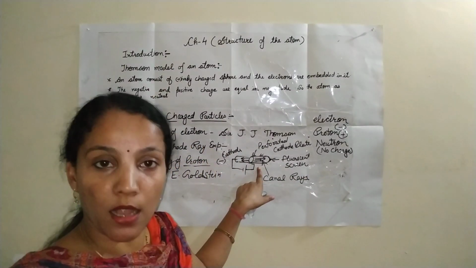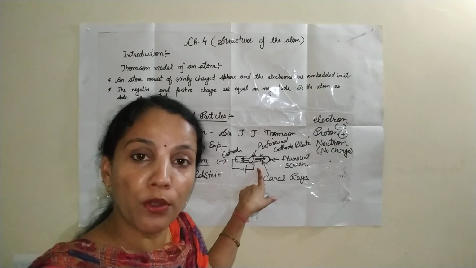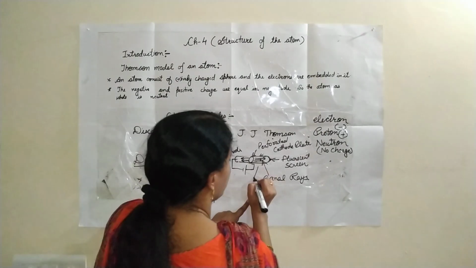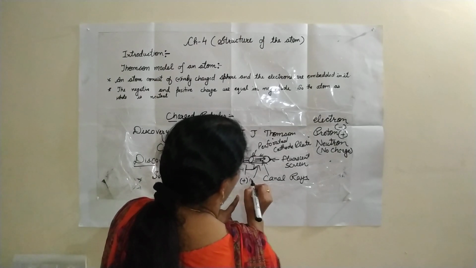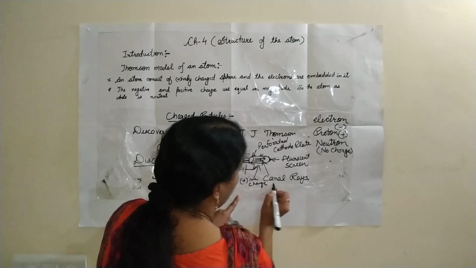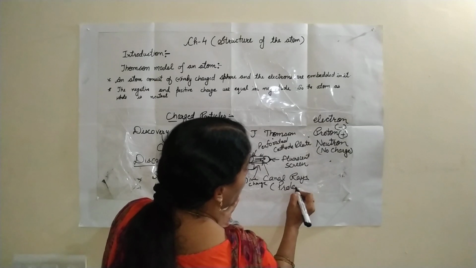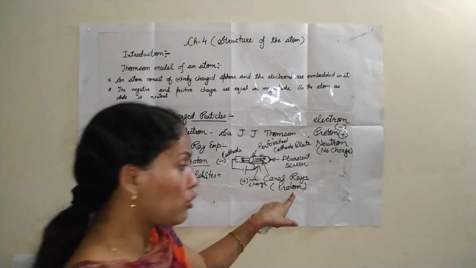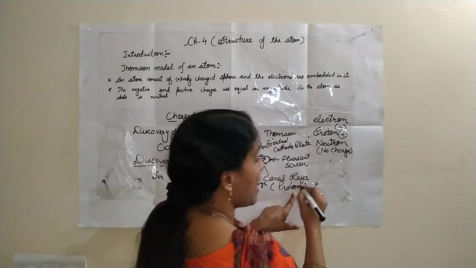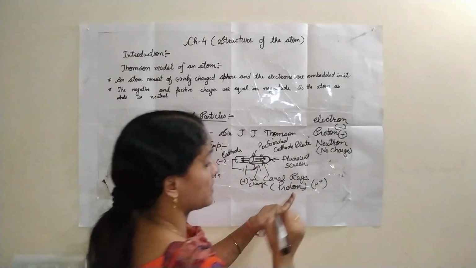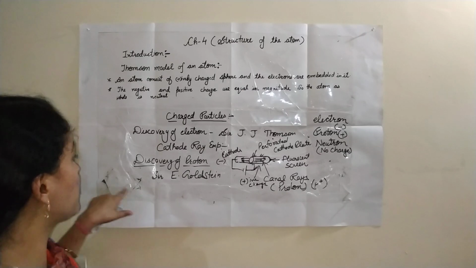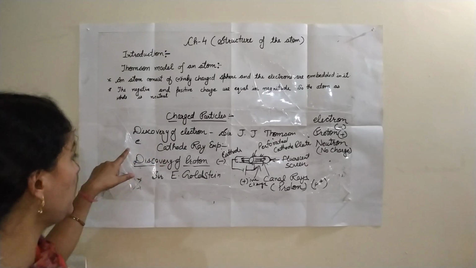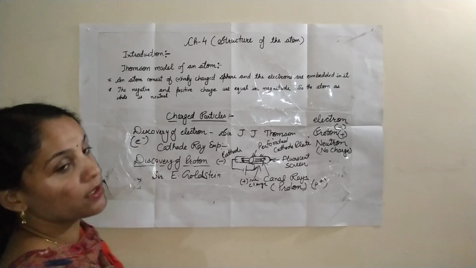Just in the opposite direction of cathode rays, he said that these are of positive charge and called them proton. Okay, and how did he symbolize proton? With P and charge on it plus. And electron is symbolized as small e and the charge is negative.